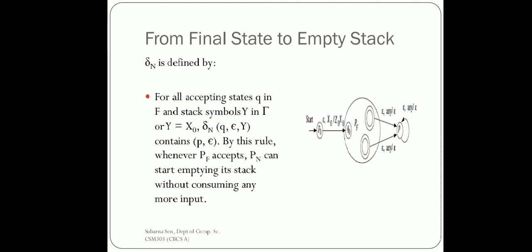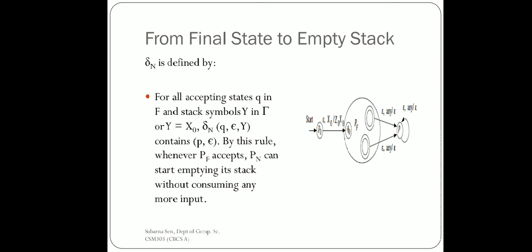Next, for all accepting states q in F and stack symbol y in tau, or y equals X0, meaning it has reached the bottom part, your marker X0, delta N will contain a pair of P and epsilon. Why? Because whenever it has reached the accepting states, it is under the surveillance of PF.